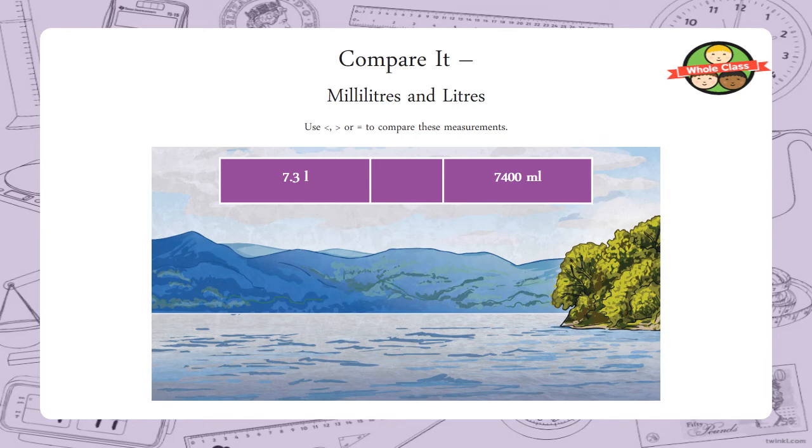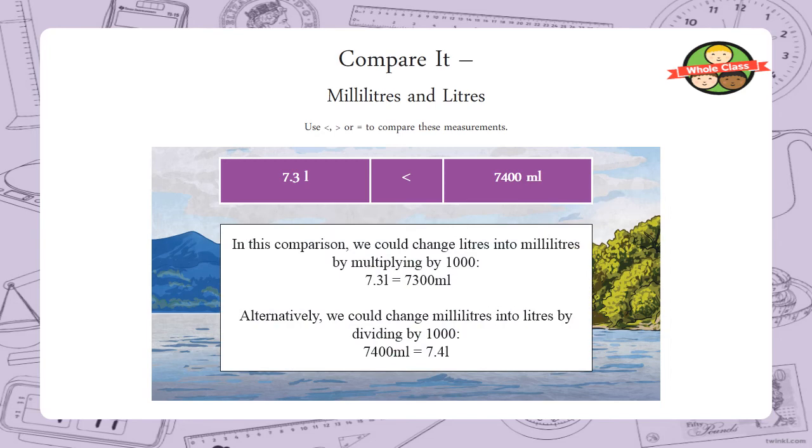So let's convert 7,400 to liter. How do we convert it? We divide it by 1000 and it gives us 7.4. And if you want to write it in milliliter, we multiply 7.3 by 1000, and this gives us 7300 milliliter.